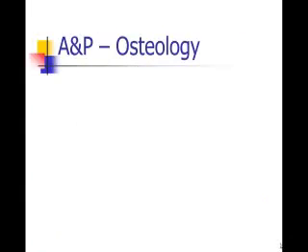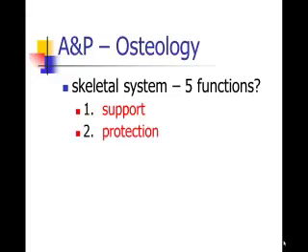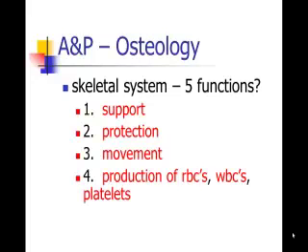Here we are. So, the skeletal system has 5 functions. Let's see if Pansy has any of them. Right. Support. Okay. Right. Protection. Movement. Oh my God, she got this one too. She was rolling her eyes. Production of red blood cells, white blood cells, and platelets. This is where those cells are produced.